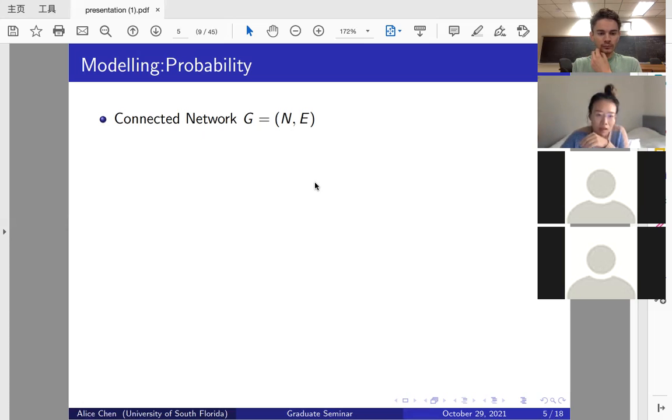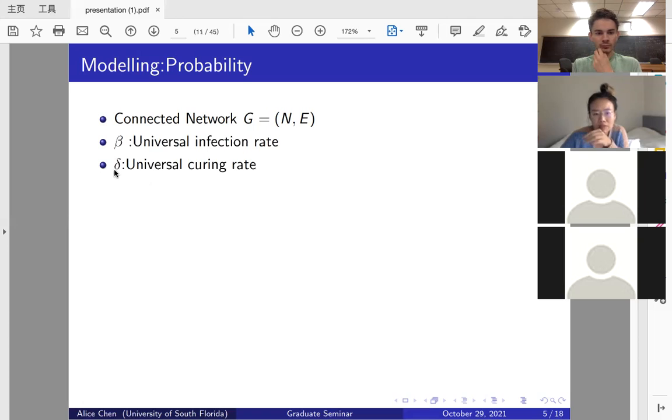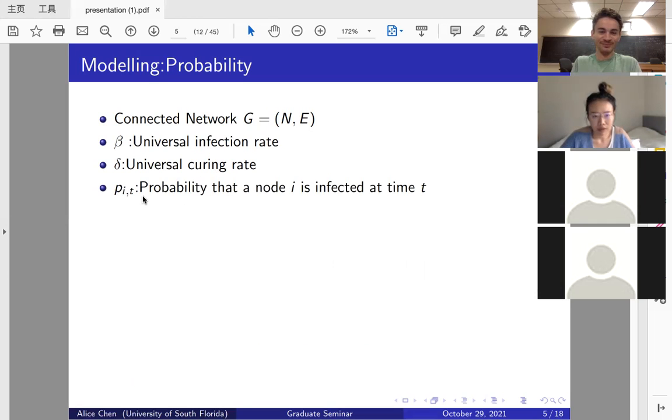Okay, and beta we define as the universal infection rate, and correspondingly we define delta as the killing rate, or we can say the virus death rate. And also we have a probability for each node. We can consider individual i is infected at time t.